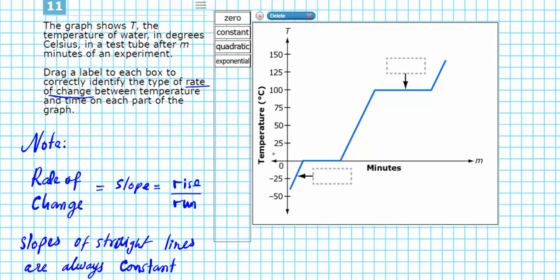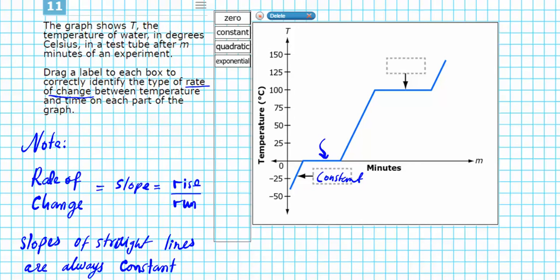Okay, but there's a special situation for constant slopes. That is a case where the line is horizontal. Okay, so when the line is horizontal, you're going to have a special slope, which is 0 because you have no rise. So for this graph right here, this line here is constant. You're going to have a constant slope because it's a straight line.